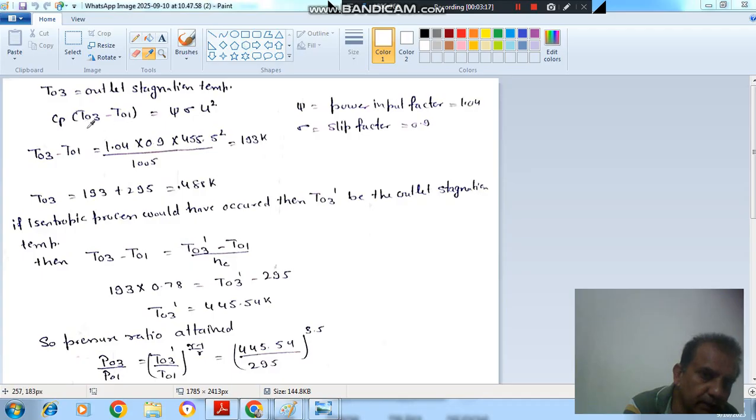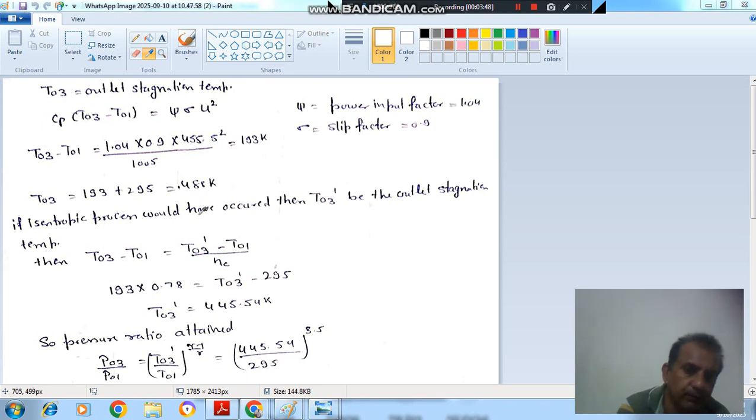So that is your heat energy or total energy rise, and that is given by work input, that is psi sigma U squared. Psi is your power input factor and sigma is slip factor. So this is work done, and this work done has caused stagnation temperature rise. So T03 is the final stagnation temperature and T01 is given, that is 295, and U we have calculated. Putting these values we can find out T03, that is 488.4888 Kelvin.